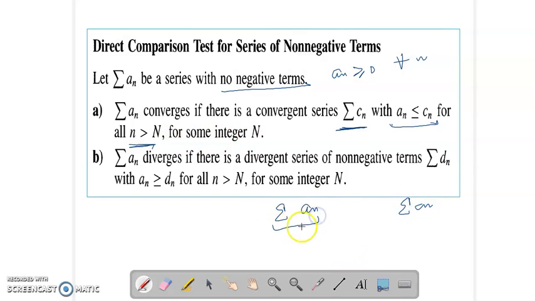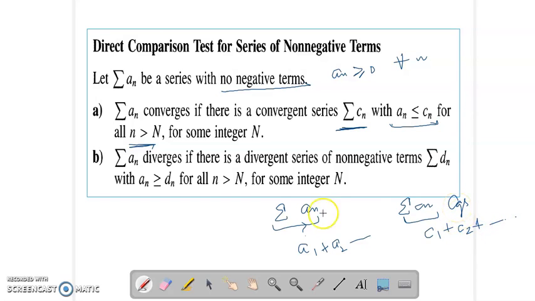We want to conclude the convergence of this series. It is known that this series is convergent, and the terms of this series are a1 plus a2 plus and so on, and this one are c1 plus c2 plus and so on.